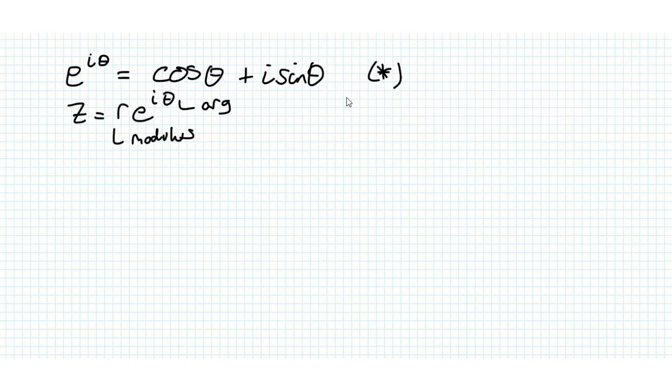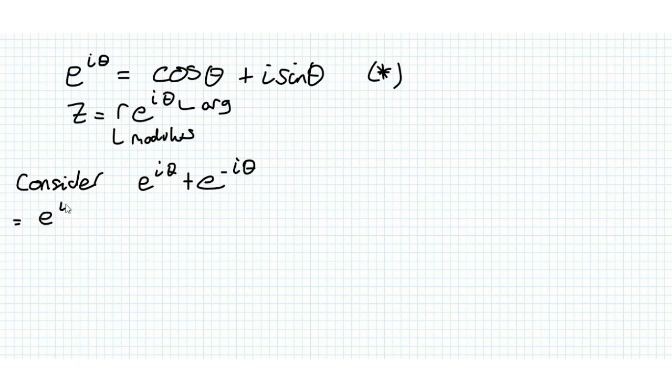We're going to consider e to the i theta plus e to the minus i theta, and this is equal to e to the i theta plus e to the i times minus theta.